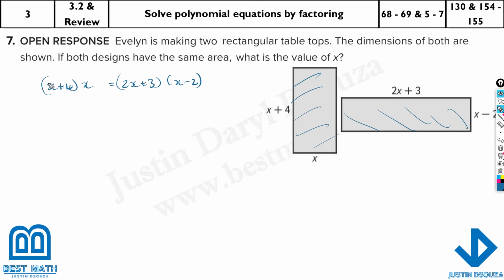So let's just do the multiplication. x times x is x squared plus 4x, that will be equal to 2x squared minus 2x plus 3x and minus 6. Now let's leave all this over here because 2x squared is bigger. I'll take all these left terms over here to the right. It'll be 2x squared minus x squared.